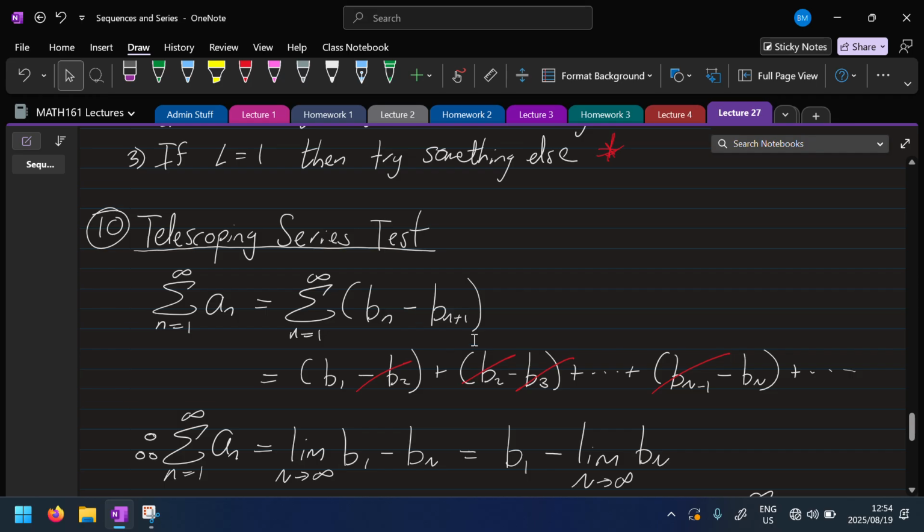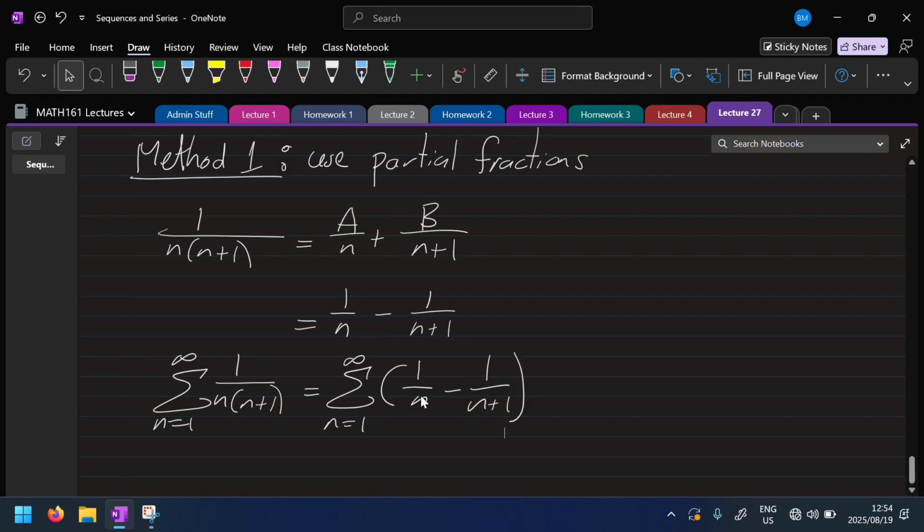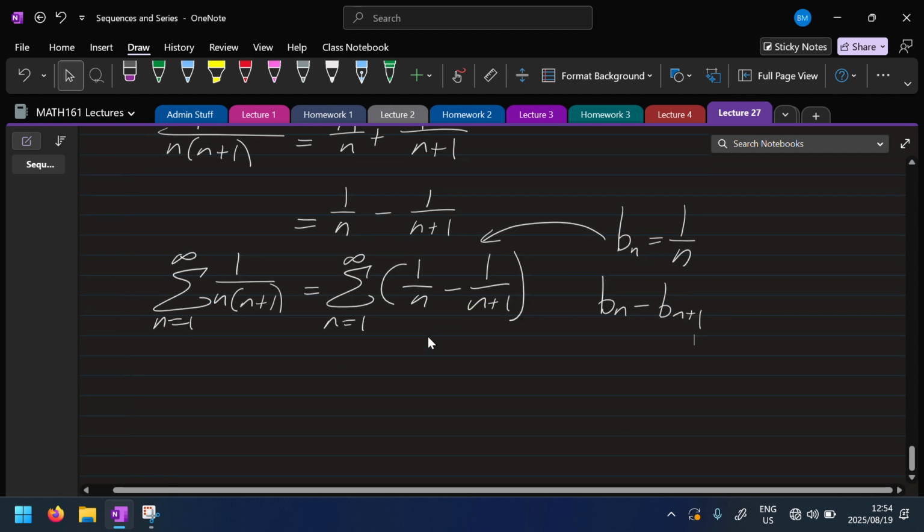Bn minus Bn plus 1. So here, Bn is just 1 over n. Okay, so this gives us Bn minus Bn plus 1. Okay, so we've written it in the telescoping series form. So we know it's convergent, and we can actually calculate the value.